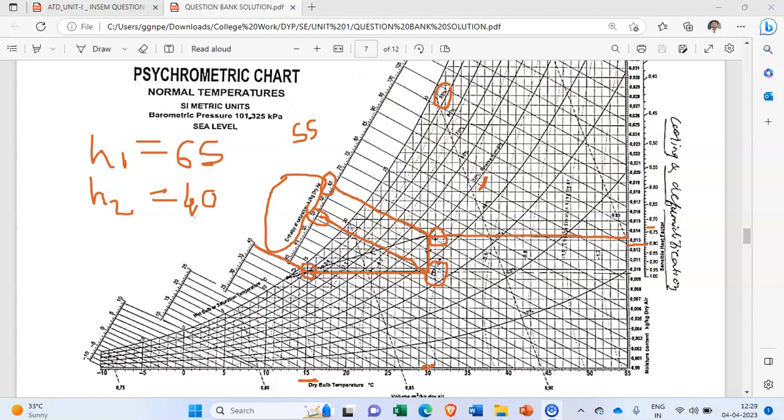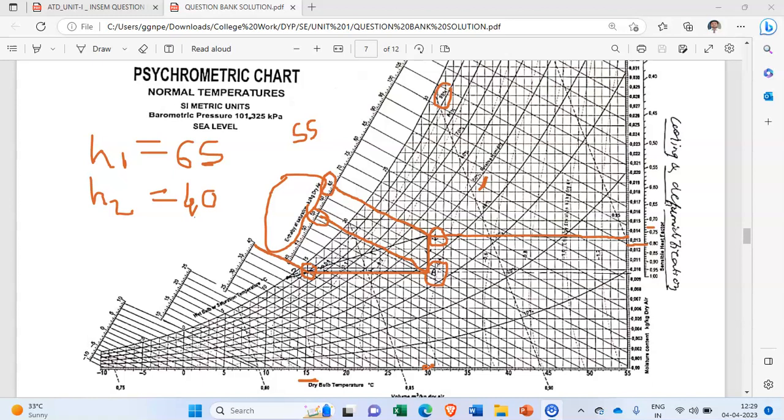Actually there are a total of 5 lines in between. The first line indicates 0.002, then 0.004, 0.006, 0.008 and 0.014. Remember, this is 0.013 and this is 0.014, so each line indicates 0.0002, and we have to add that to 0.013.